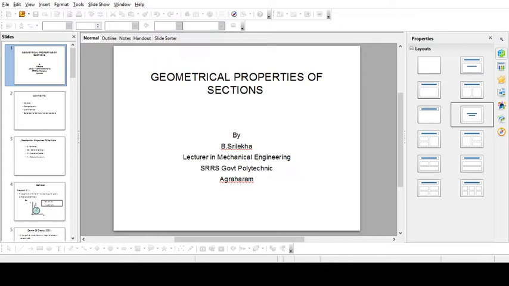So the radius of gyration is simply k equal to under root of I by A, where I is the moment of inertia and A is the area of that section, right? So next let us discuss standard sections.